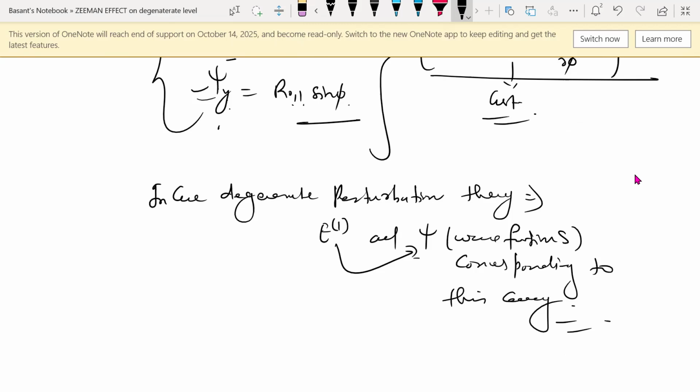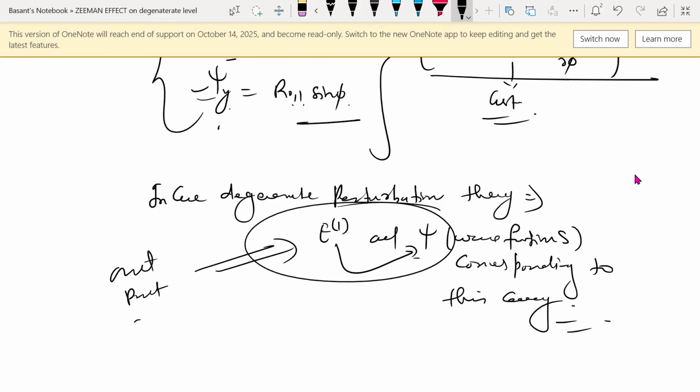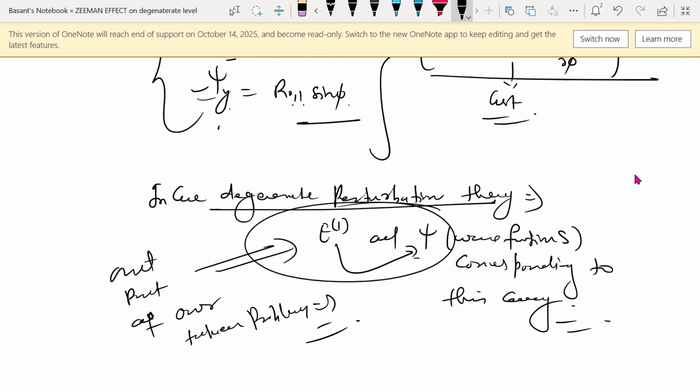These are the outputs of our problem. So we want to calculate the first order energy correction, and after that what will be the energy of the states, and what are the wave functions for the corresponding energy. So this becomes the problem of degenerate perturbation theory.